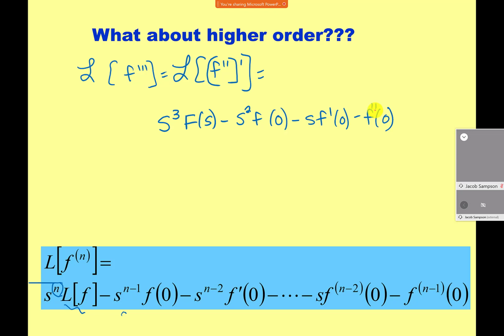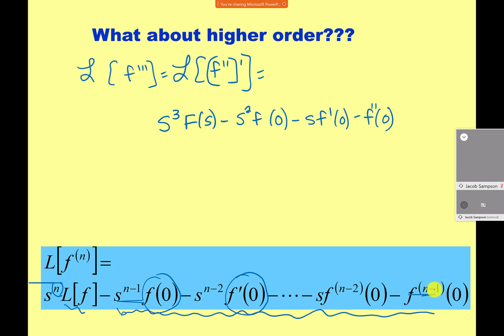Okay, so if I look at the pattern, basically I have s to the n, and then I have each of these initial values, and the first one is just f of 0, and then you start with a derivative. The first derivative, the next one would be the second derivative, dot dot dot, up to 1 less than whatever our differential equation's n was.